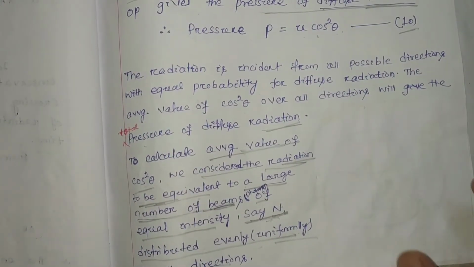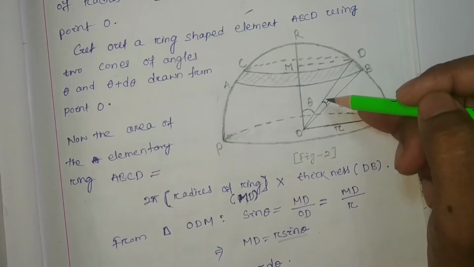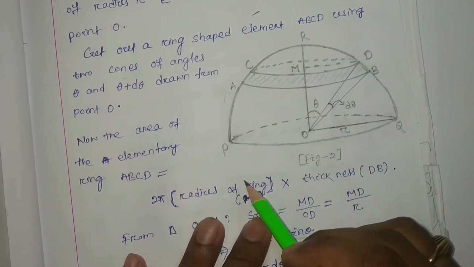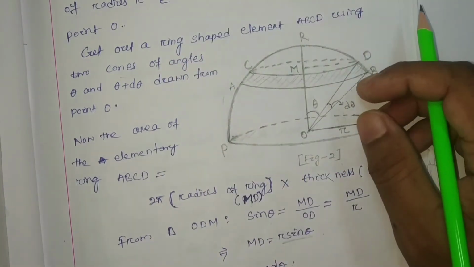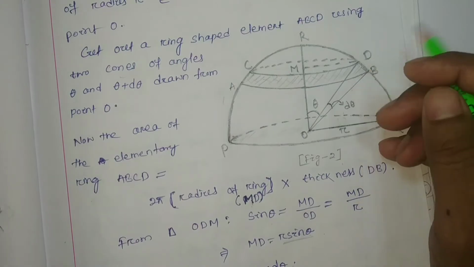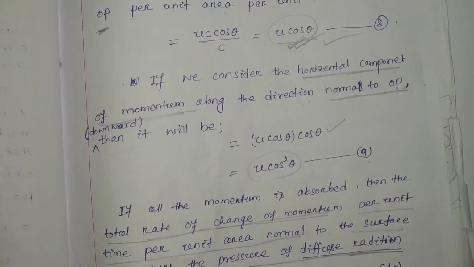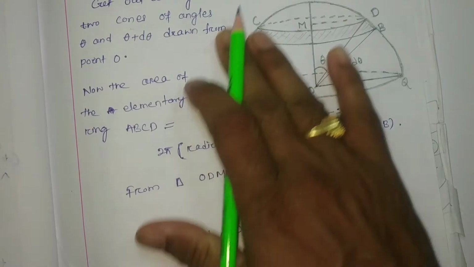That means whatever radiation is coming towards this surface is nothing but capital N number of photons, which are uniformly distributed over this hemisphere.